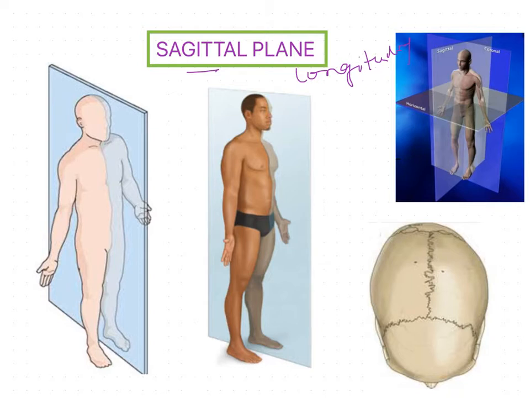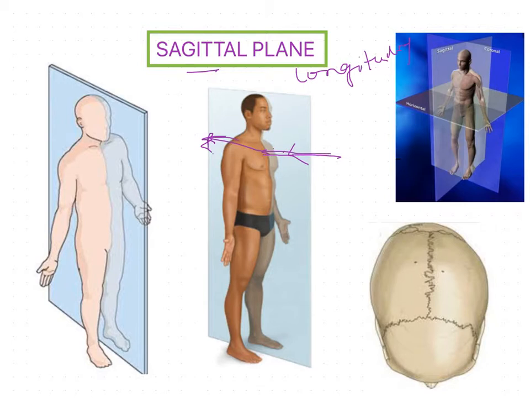For example, if you see this as an arrow, it is piercing into the body from the anterior to the posterior side. So the plane also appears like that, from anterior to posterior.